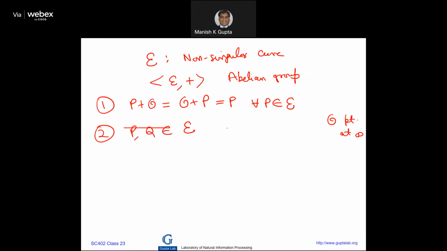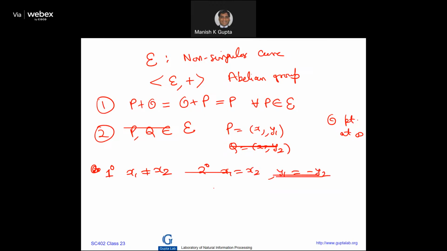So if we take P to be a point (x1, y1) and Q to be a point (x2, y2), first case 1, when x1 is not equal to x2.